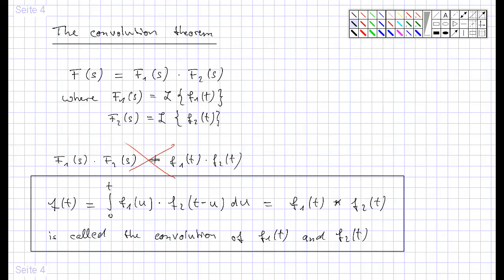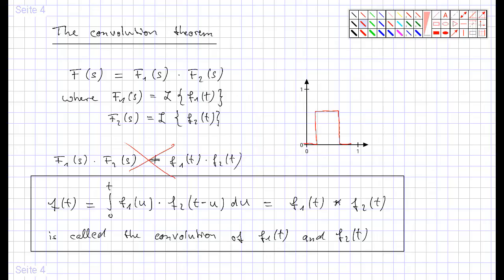And this is a measure how much two functions are overlapping. So if you have two functions like this, just some step functions.